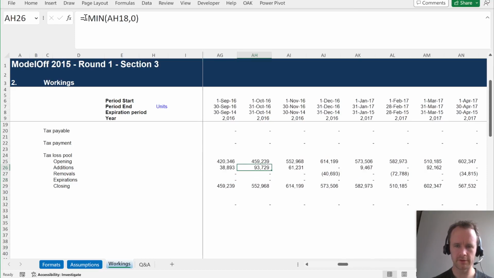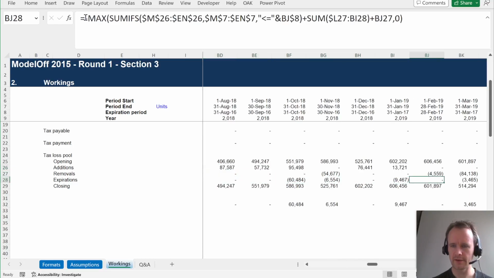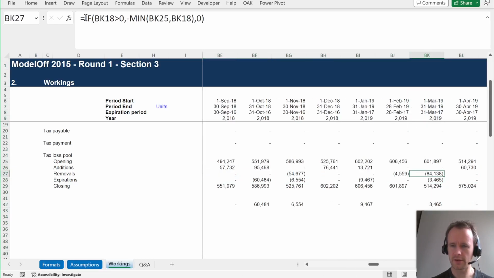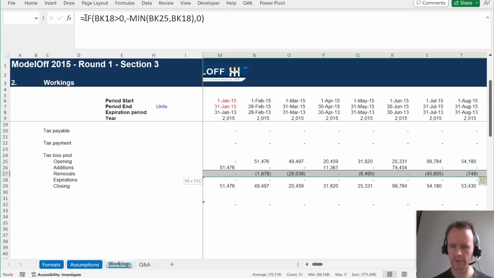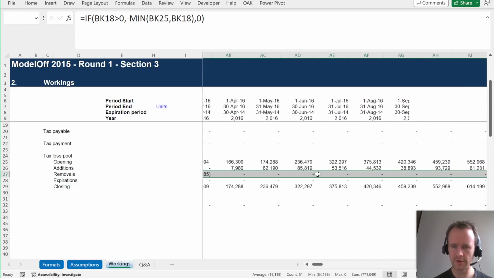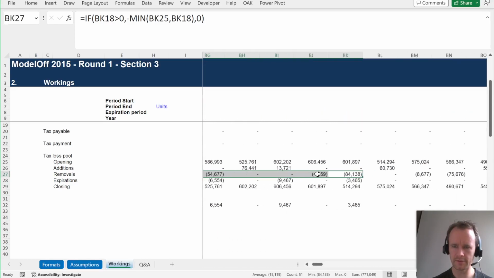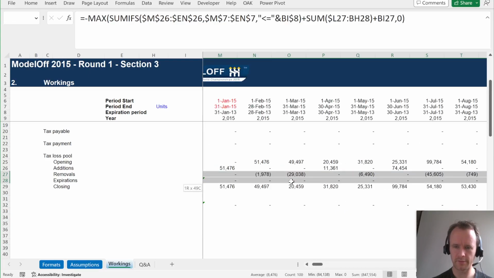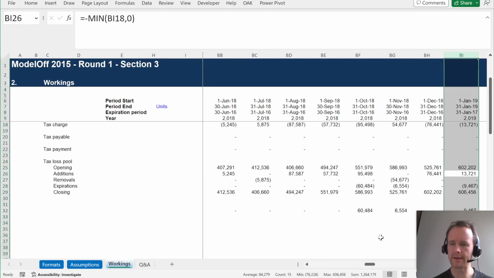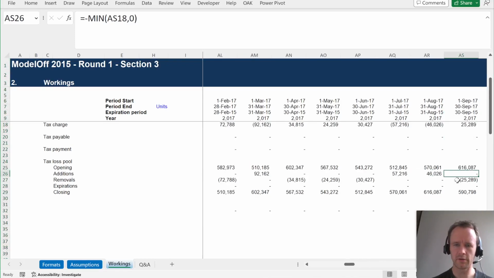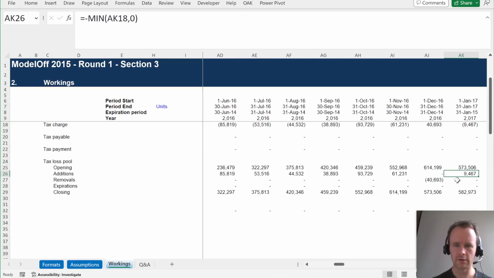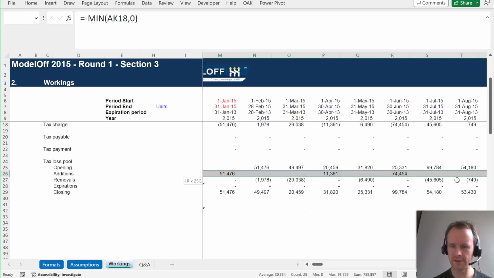So let's just grab one more as a sense check. What have we used up to this point? Well, we've used up 771 that we've actually been able to use, and then we've used up another bit through expiration. So in total, we've used up 847K. So what have we added up to the 31st of January 17? Up to January 17, we've added 758K.